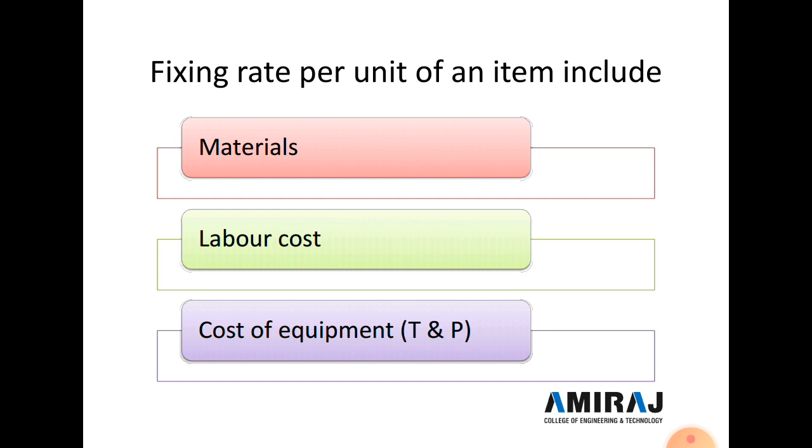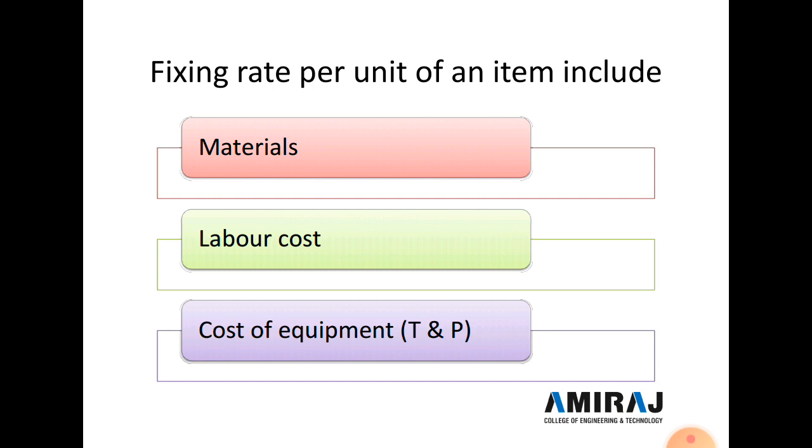Now third, we discuss the cost of equipment and T and P, tools and plant. In some works, special types of equipment like tower crane, mixer machine or RMC plant are required. In such a case an amount of 1 to 2% of the estimated cost is provided as the cost of equipment.